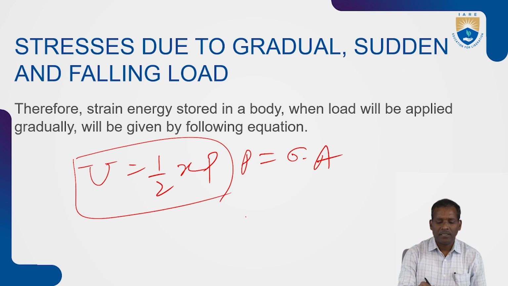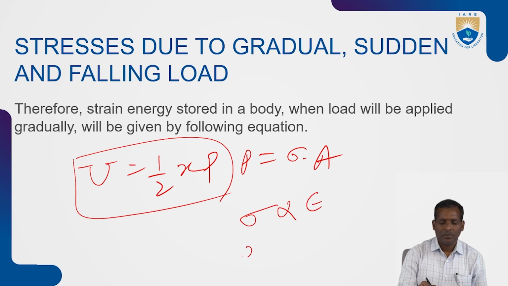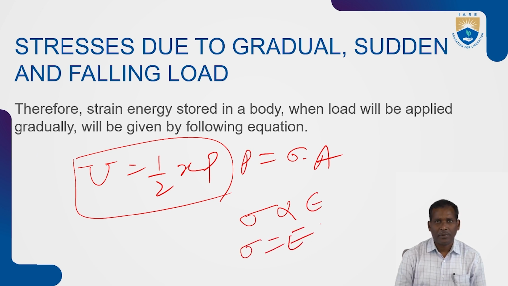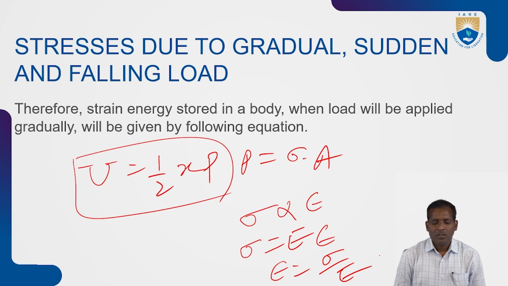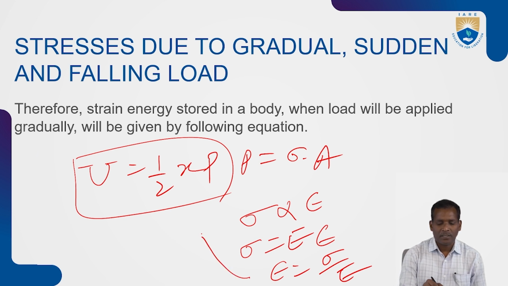As per the stress strain diagram, stress is directly proportional to strain, so you can write in terms of the modulus of elasticity E multiplied with strain. Strain is equal to sigma by E. Strain is change in length by original length.